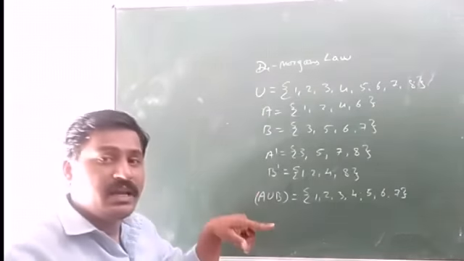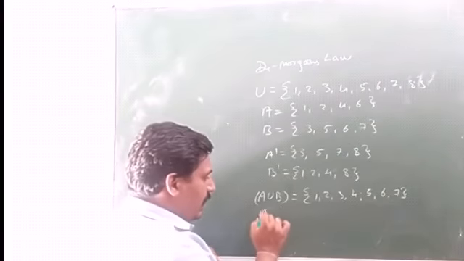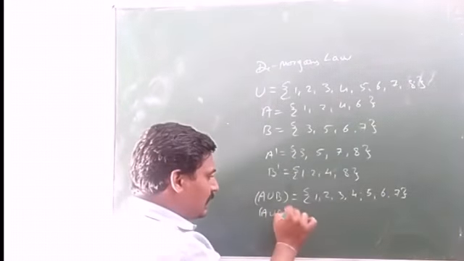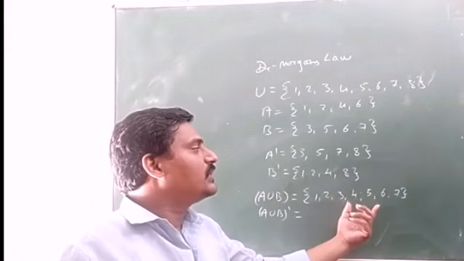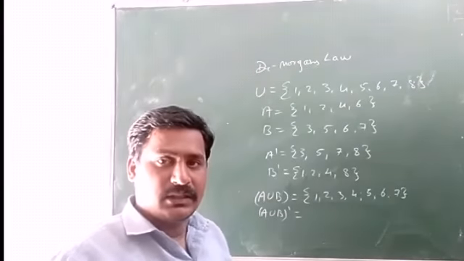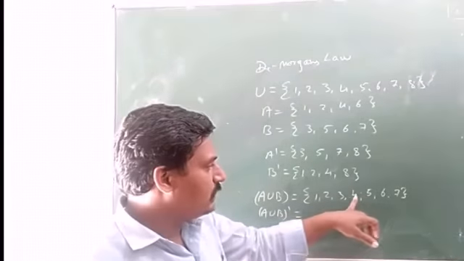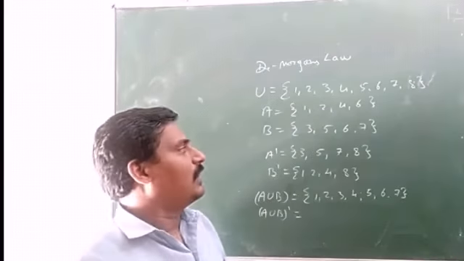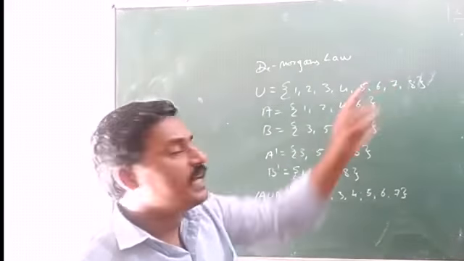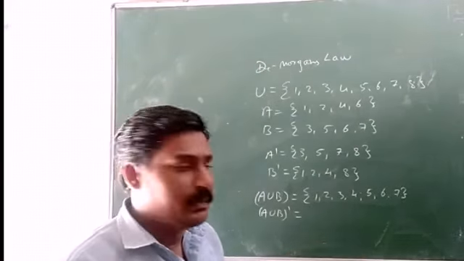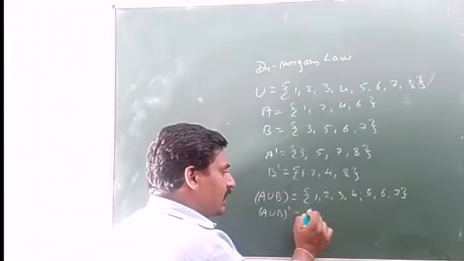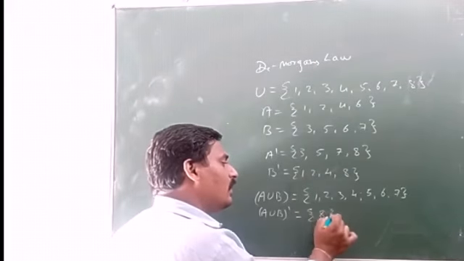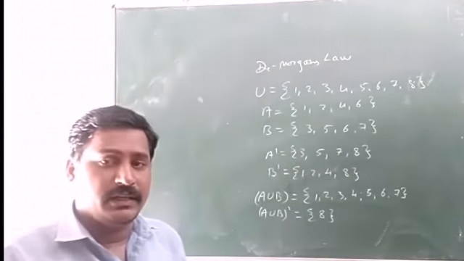Then (A union B) dash is equal to the elements which are not there in this set. 1, 2, 3, 4, 5, 6, 7 are there, that means 8 is not there in A union B. That means (A union B) dash has the object 8.